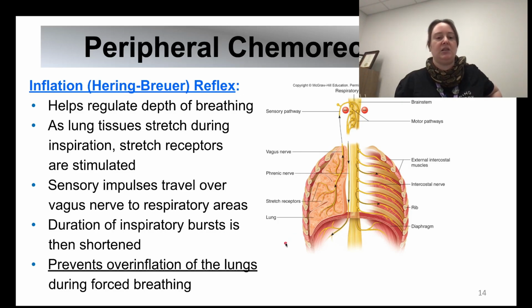So that's why we take those gasping breaths on a lot of occasions, because your brainstem, your respiratory center, is going, dude, if we breathe too deeply, you're going to hurt yourself and rupture something.